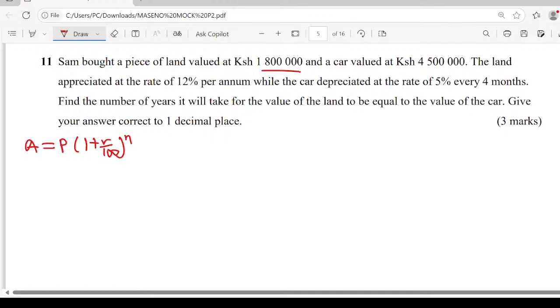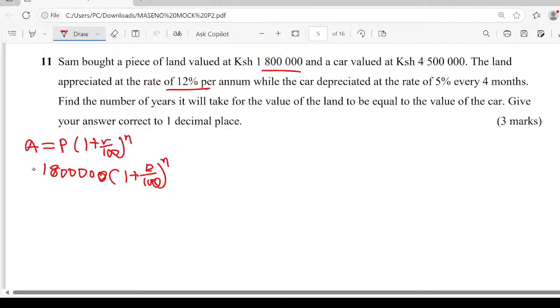I'm talking about the land. So the piece of land was valued at 1,800,000. So that 1,800,000 will act as our principal. 1,800,000 into 1 plus its rate, which is 12% per annum, so 12 over 100, power n.